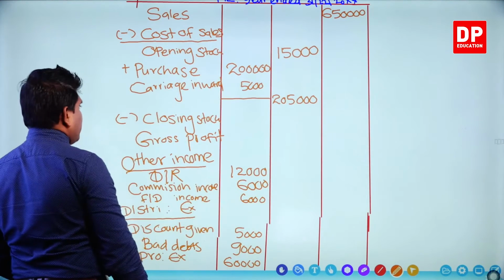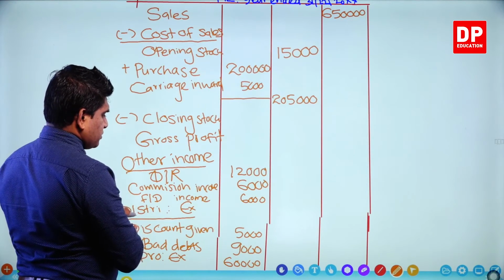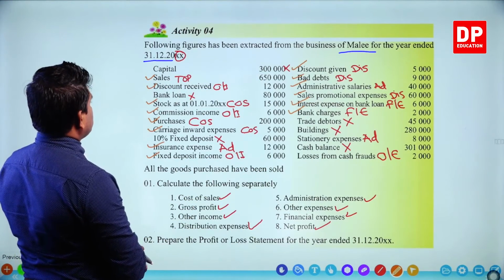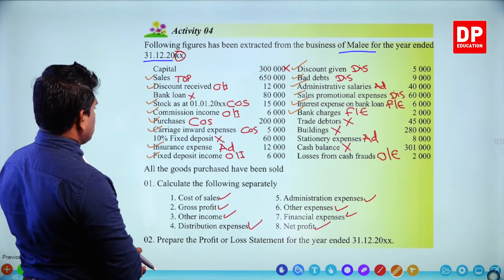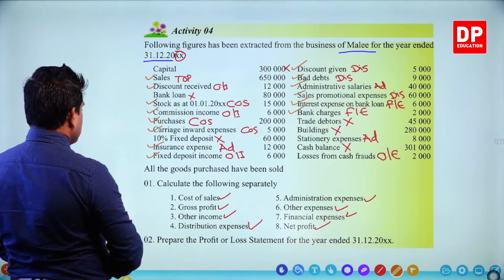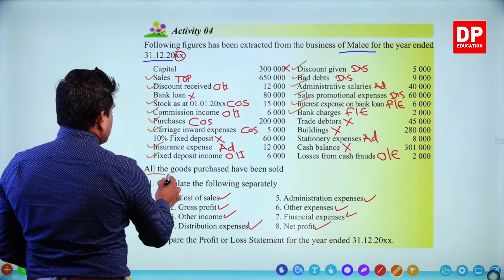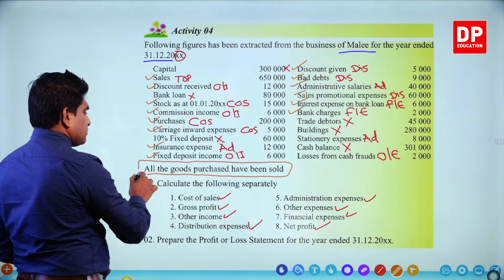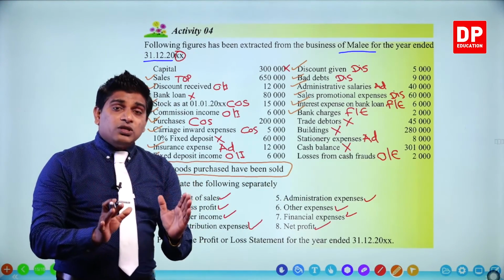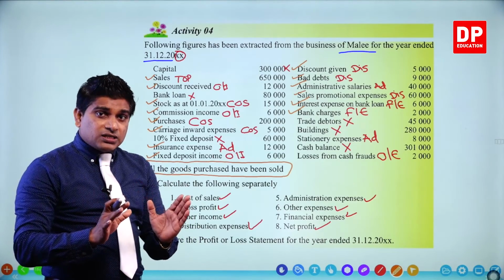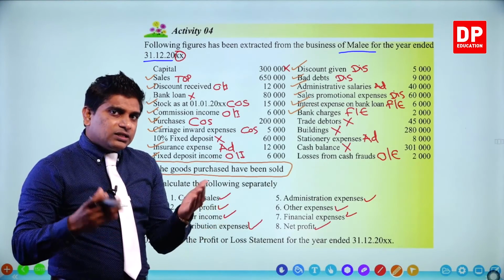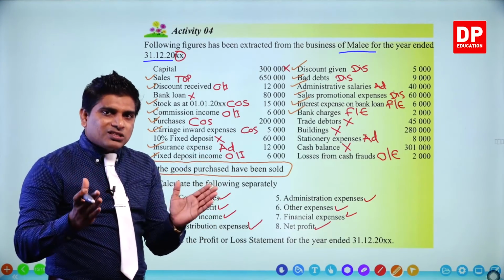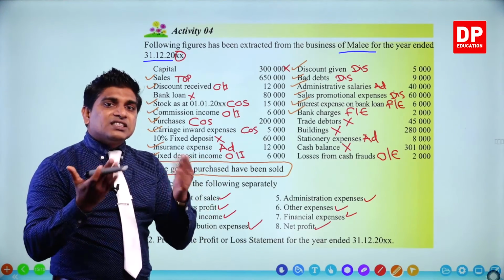Check in the question, have they given closing stock or not? Have they given closing stock? No. What does it tell? All the goods purchased have been sold. It tells no closing stock, which means closing stock is 0.